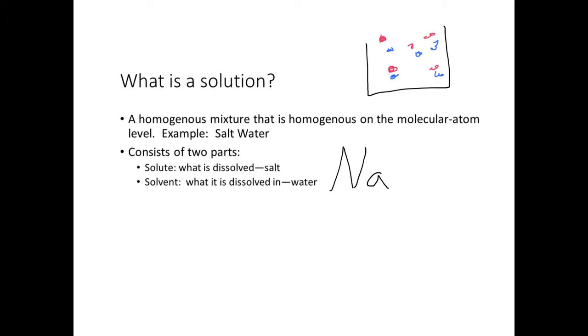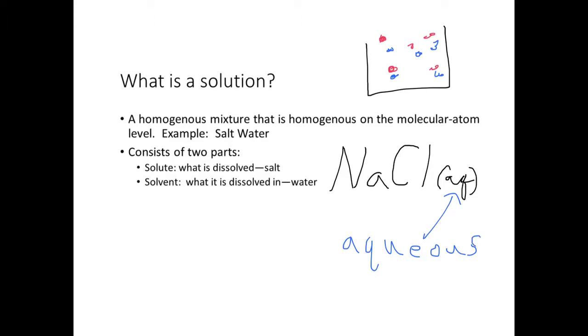If I wanted to do chemical notation for a saltwater solution, I would write the symbol for table salt, NaCl, and then I'd put parentheses, and then a cursive aq. That aq stands for aqueous, which means it's dissolved in water.